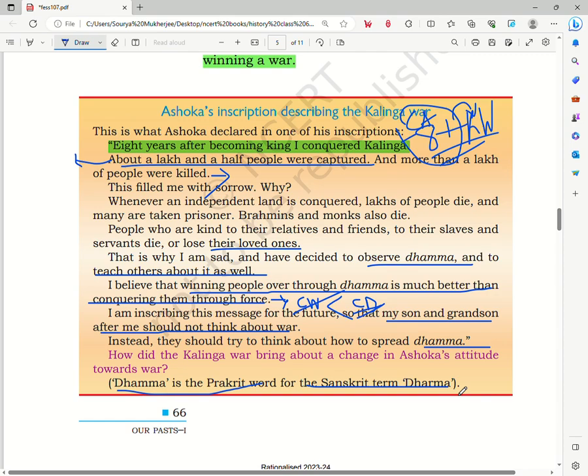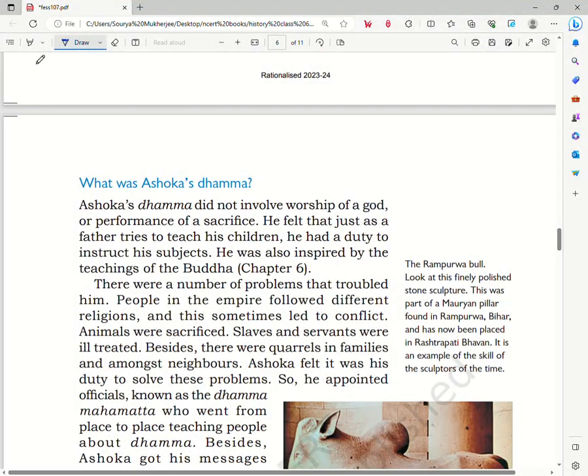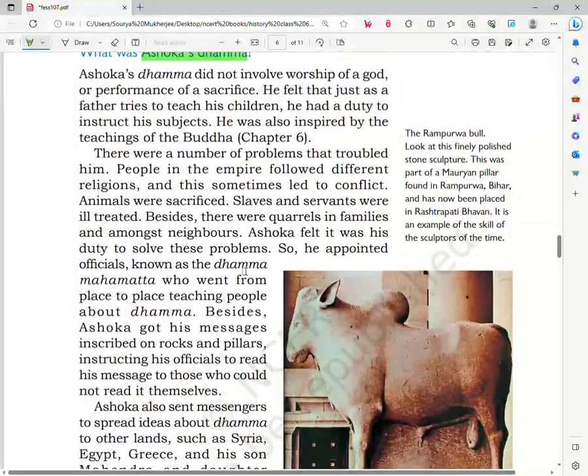Dhamma was the Prakrit translation of Dharma. And as we saw, the violence of the Kalinga War caused a change of heart in Ashoka towards Dhamma. What was Ashoka's Dhamma? In this part we will particularly learn about Ashoka's Dhamma.